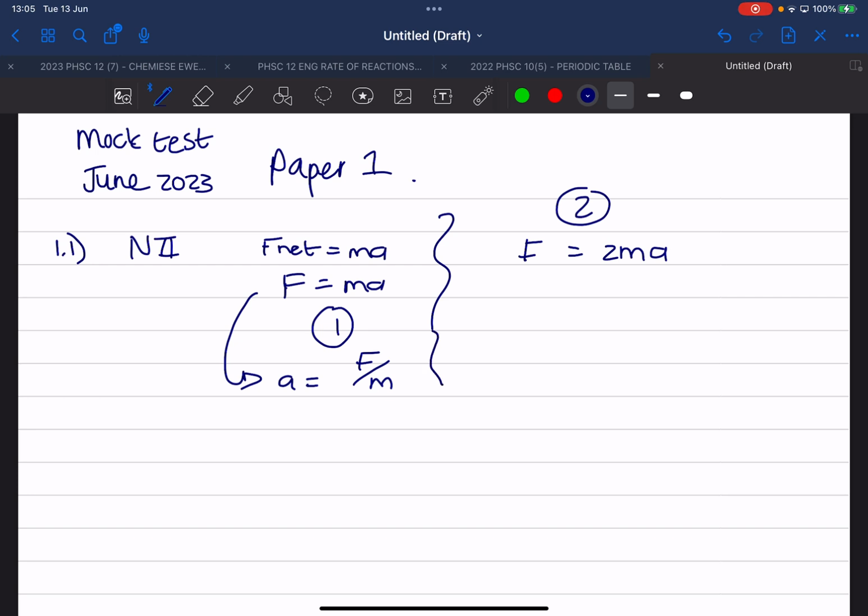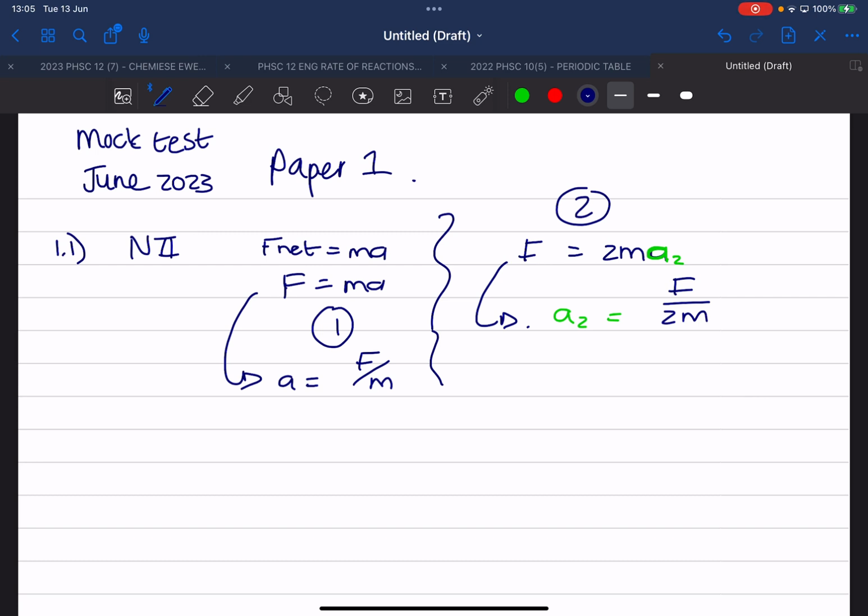Okay. As ons kyk na scenario 2, then I'm just going to change that A into A2. Want dit is nou 'n ander versnelling. It's a different acceleration, so I don't want to get confused between the two. Okay, then I have A2 is equal to F over 2m.